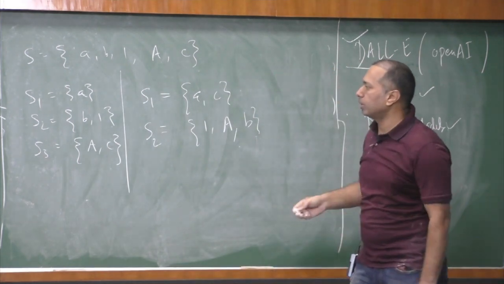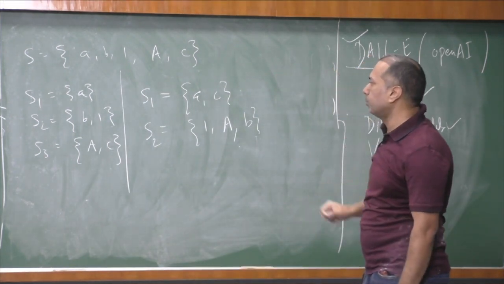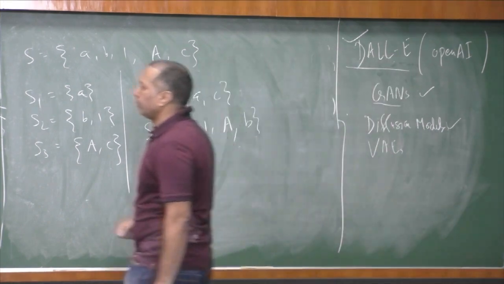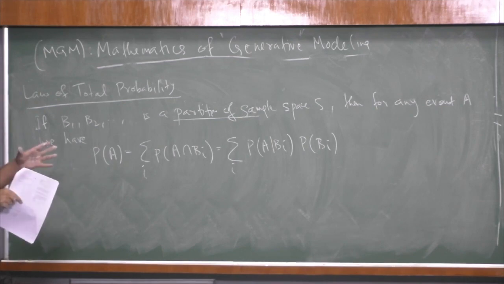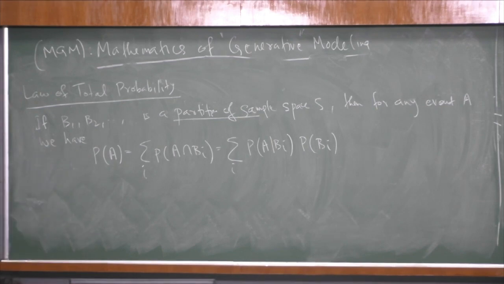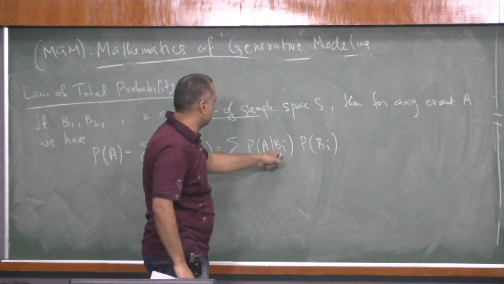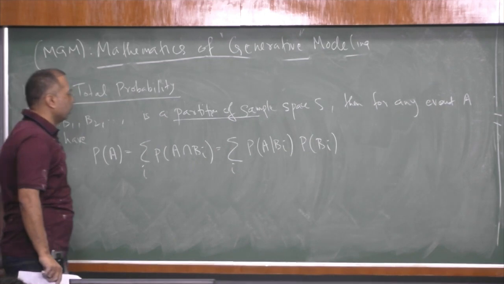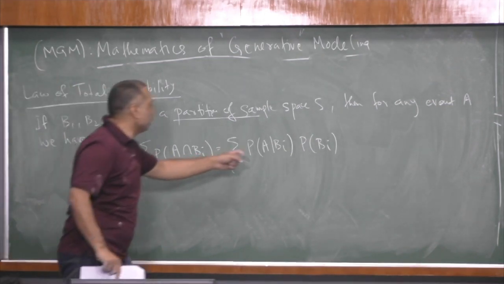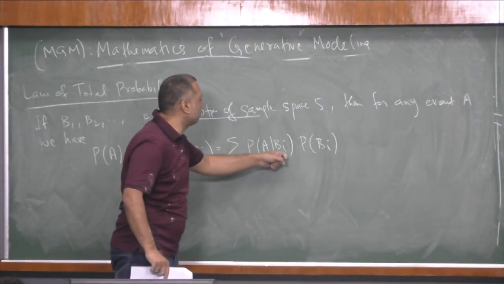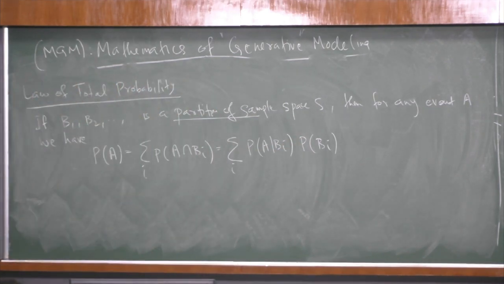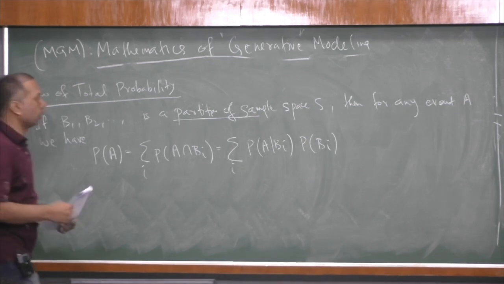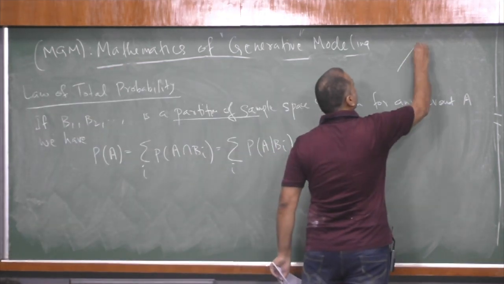So if you are given a sample space and you have a good partition, that is where this will help you. The Bi will be important here, because if they are nice, then I will know what is A given Bi and what is Bi. So partitions are kind of important. Sometimes these partitions will come in the form of a tree, a decision tree kind of thing.